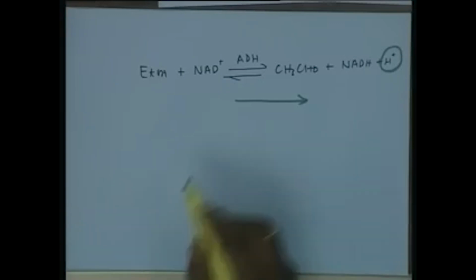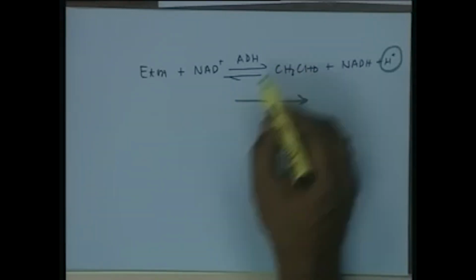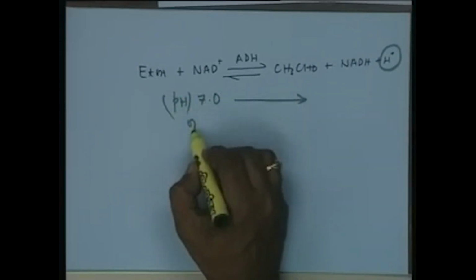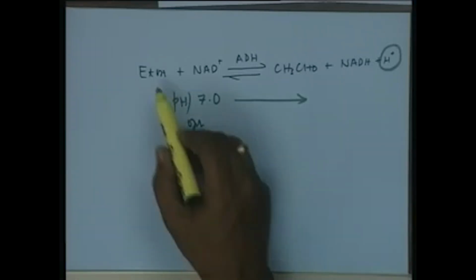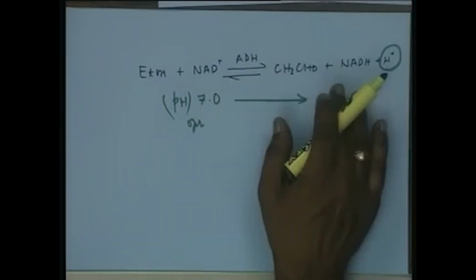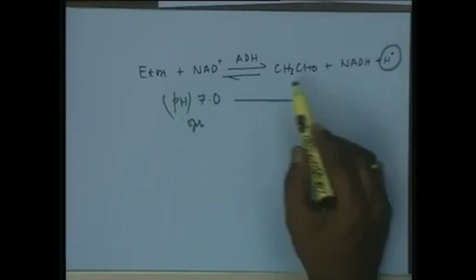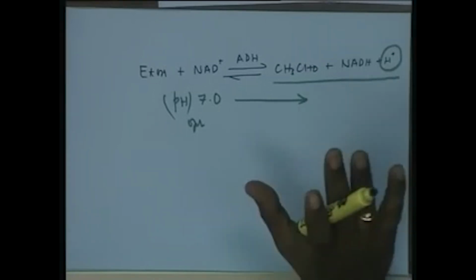For example, although this reaction may have an optimum pH of, say, 7, meaning the rate of reaction is maximum at pH 7, at pH 7 the reaction may not be driven very largely in the forward direction. The reaction may stop as soon as some concentration of the product and hydrogen ions are built up.